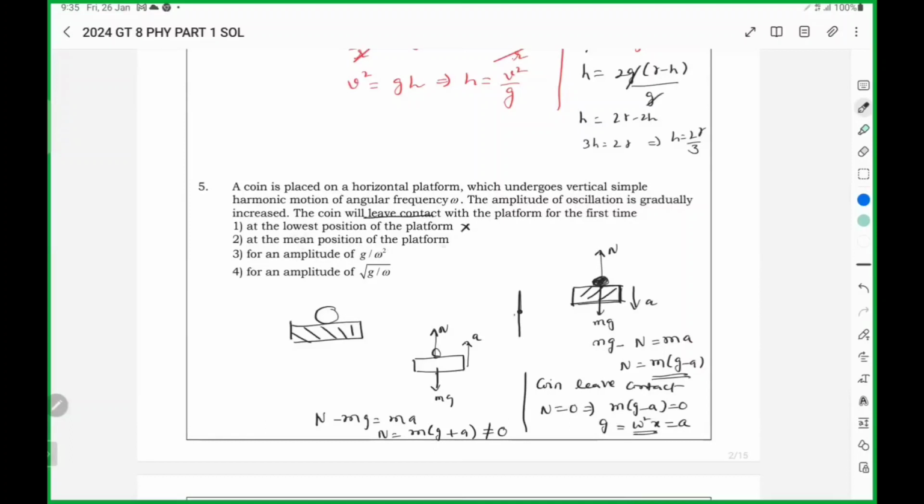At the lowest position it is wrong, mean position is wrong, and amplitude. So that is omega square A is equal to g. That means this x is displacement. At the maximum value of x, it loses contact. So the amplitude here is g by omega square.